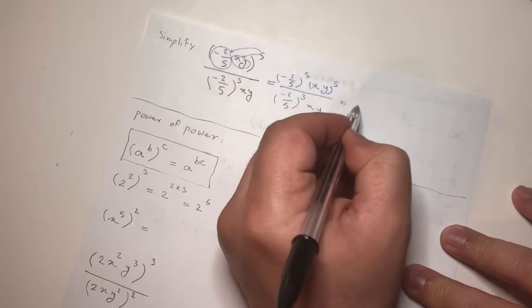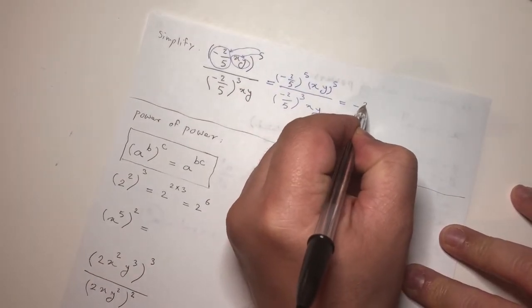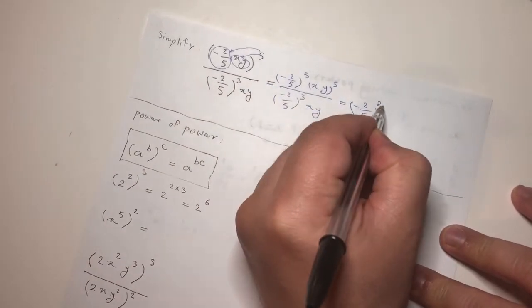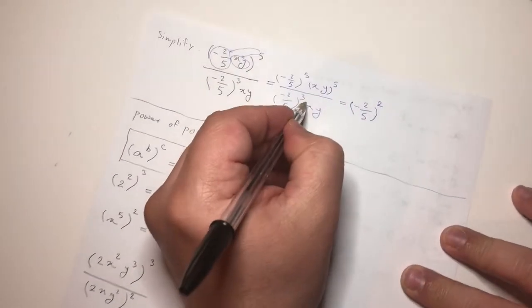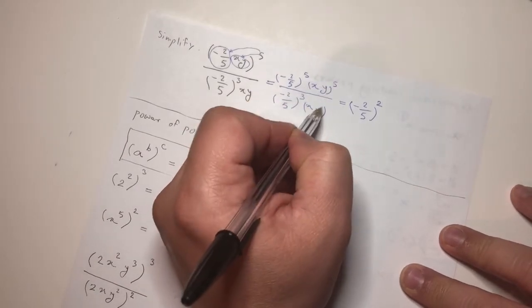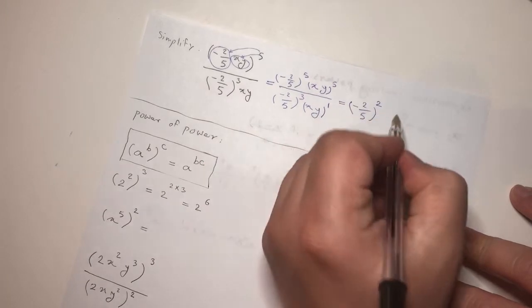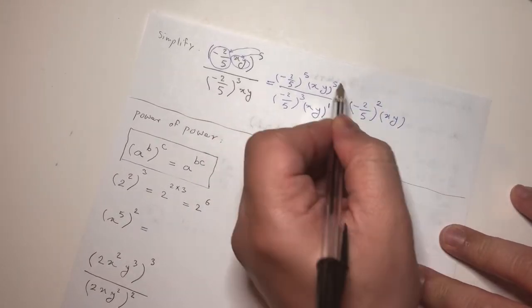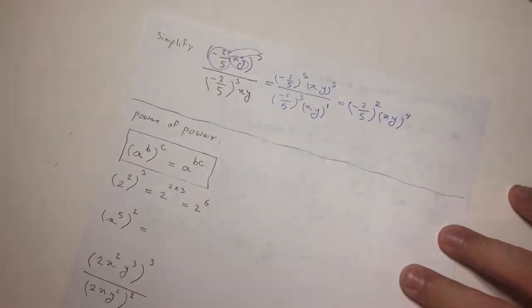So because it's a division, you can write the result as minus 2 over 5 to the power of 5 minus 3, means 2. Here you have xy to the power of 5, xy to the power of 1. So it would be xy to the power of 5 minus 1, 4.